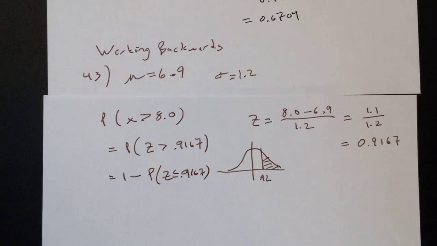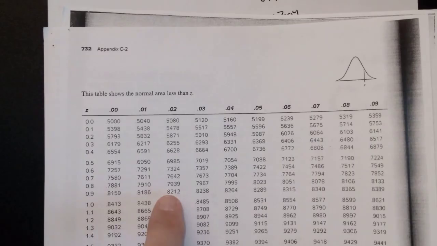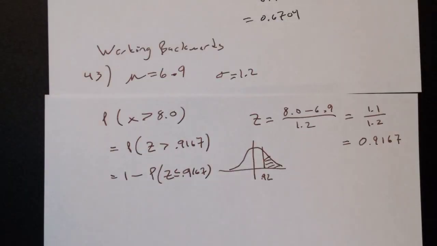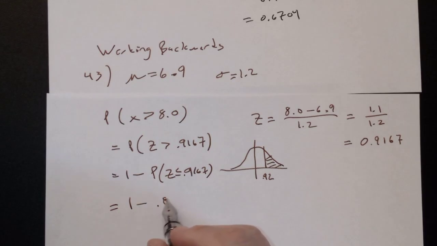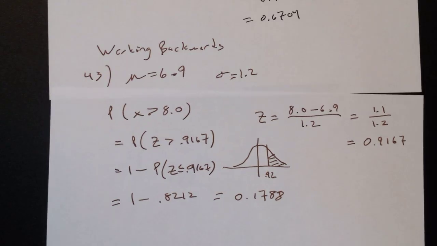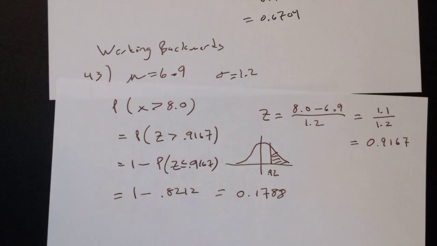Only in our case, we'd use 0.92 if we're using the table. 0.9012, I get 0.8212. And that's 0.1788, 18%. Not terribly unlikely. Not all that uncommon.